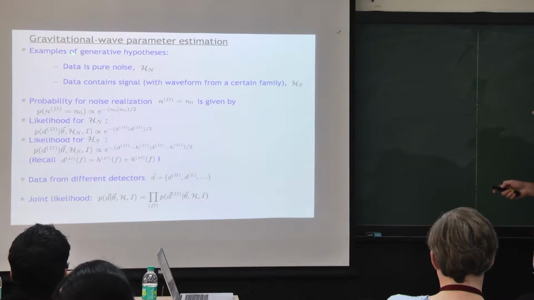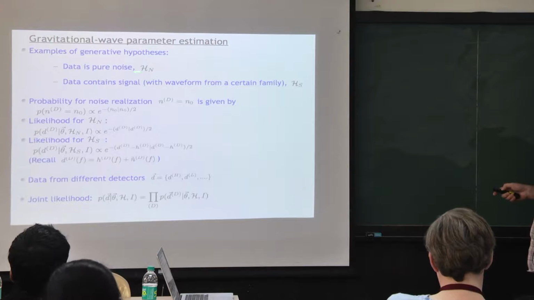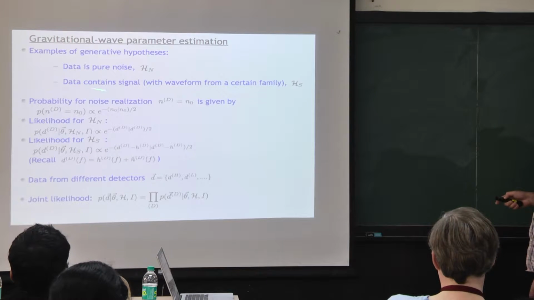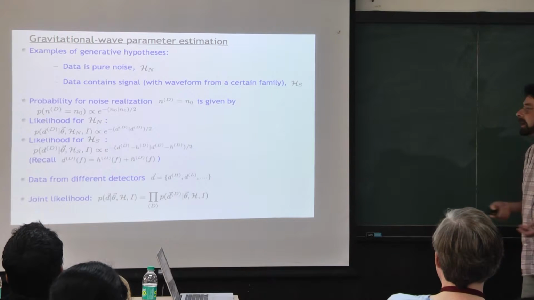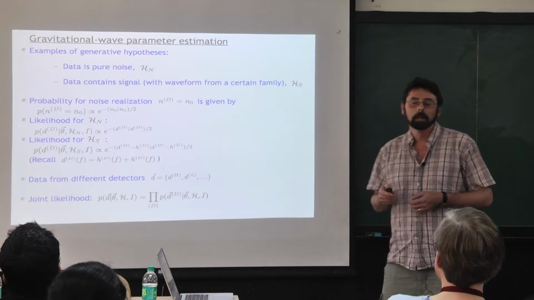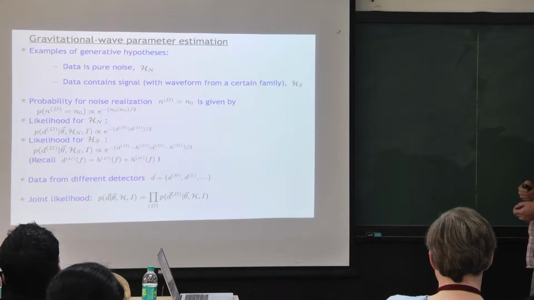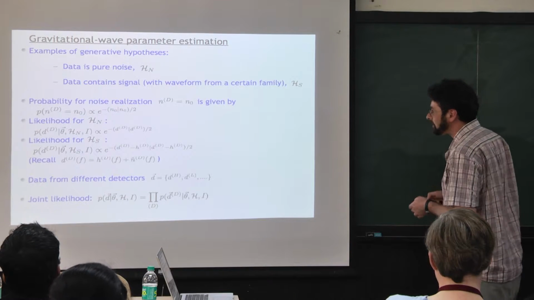So, examples, again, of generative hypotheses. One hypothesis could be that the data is pure noise, so there is no signal in the data after all, or that the data contains a signal from a particular family, like post-Newtonian inspiral waveforms or inspiral-merger-ringdown waveforms that have been tuned to numerical relativity results and so on.